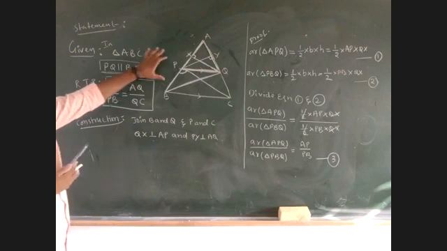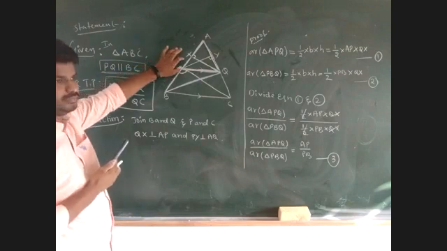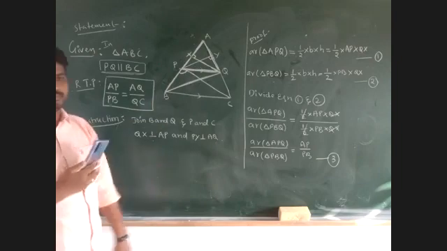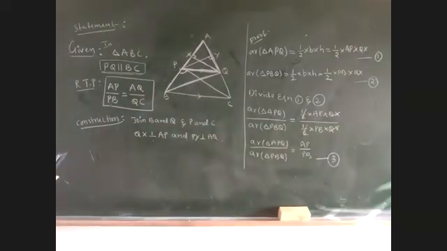Then after, draw this figure. Draw that figure. Triangle ABC, PQ is parallel to BC. Draw the figure fast.